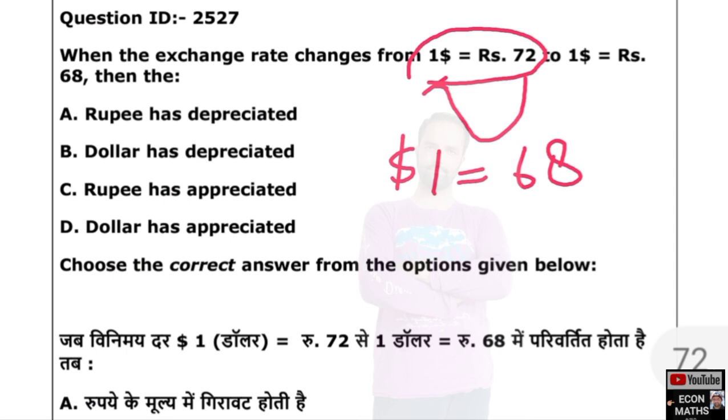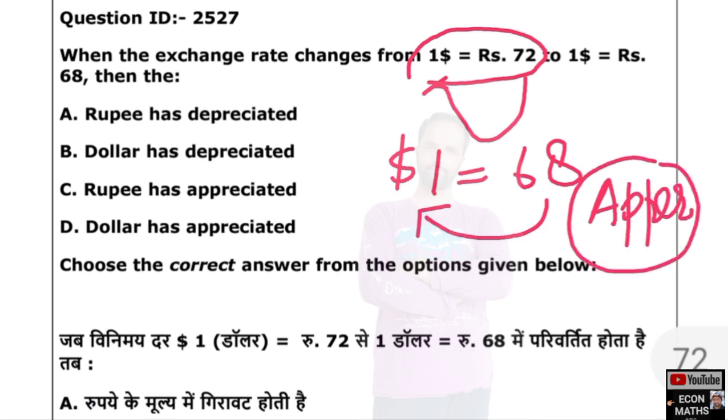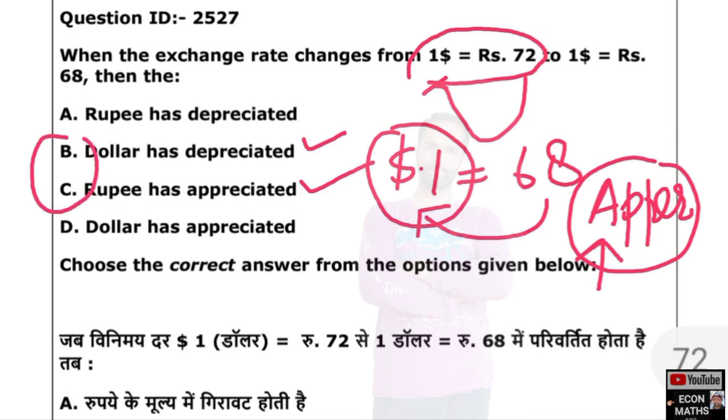Now we need only 68 rupees to purchase $1. So this means rupee has appreciated, it became strong, and at the same time dollar has depreciated. If one currency appreciates, the other should depreciate. They cannot both appreciate at the same time. So the correct options should be rupee has appreciated and dollar has depreciated, the B and C options.